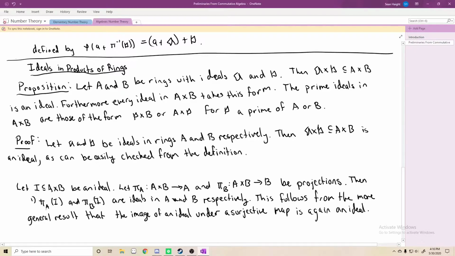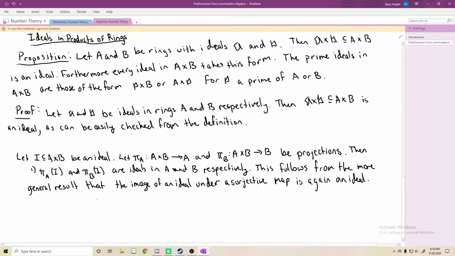So π_A(I) and π_B(I) are our candidate ideals, and once you have identified these candidate ideals, you can easily check the second claim, that I is the product of the projection onto A and the projection onto B. And like I said, I'm not going to prove either of these two claims.